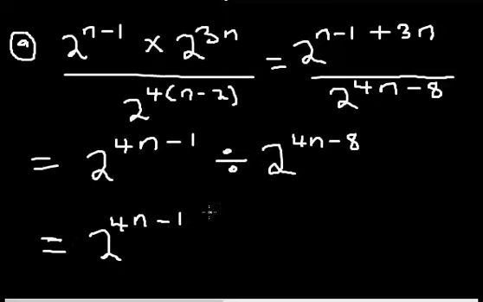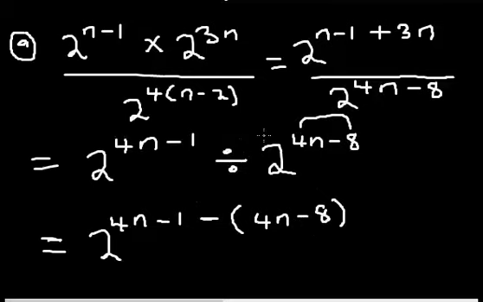Then of course, because of the division, I have to subtract the power, 4n minus 8. Remember difference law. You write one base, then you subtract the powers. Now as you notice here, I have to put bracket after I've introduced the minus. The reason being that this minus, the difference, is going to be minus all the powers, not just one power.